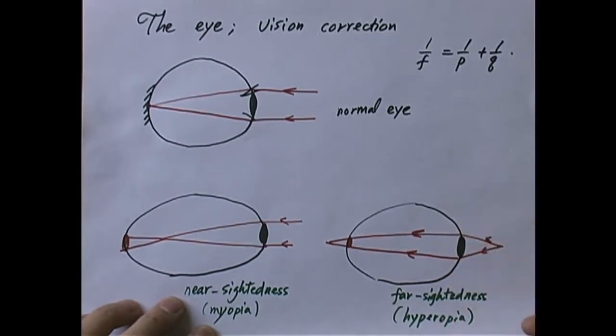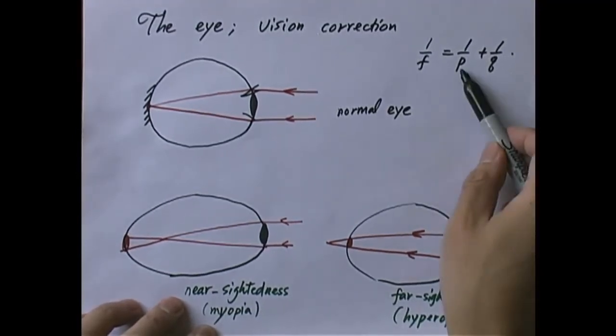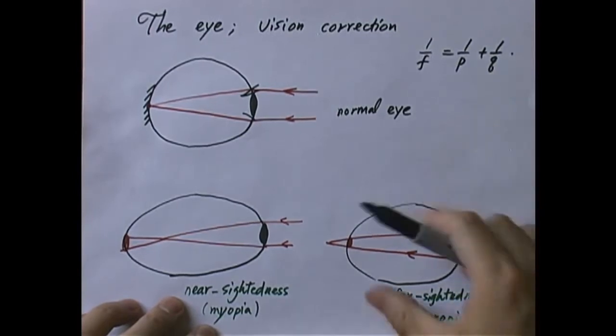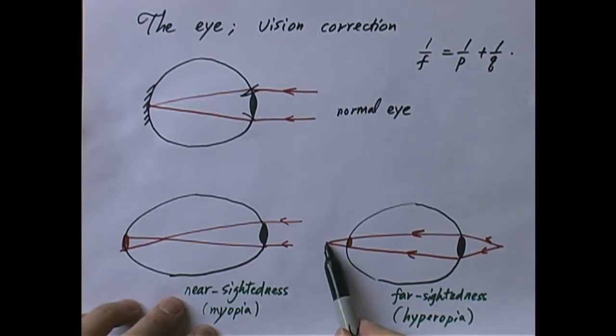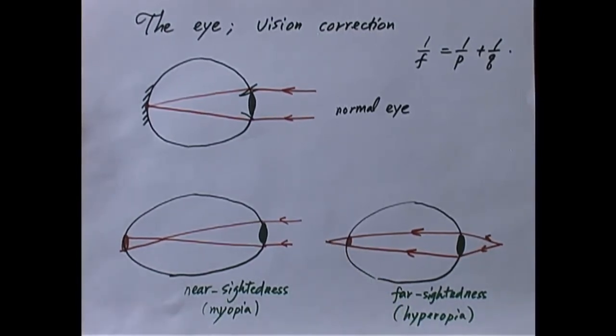Now you don't have to compress the eyeball when you look at something further away because the eye is relaxed. But when you read something, when you look at something up close, P is small, so Q has to be large. You have to compress the eyeball like this, but the muscles are tired or they're old. They lose elasticity, so they cannot compress it as much, so you're going to focus here, yet your retina is there, so you get a blob instead of a sharp point. That is what's called farsightedness.